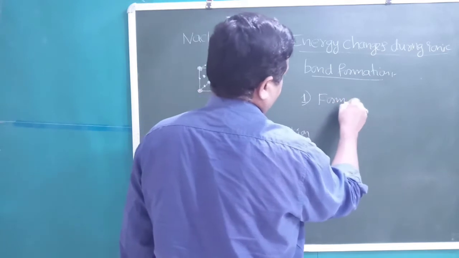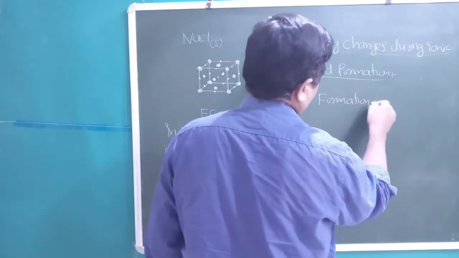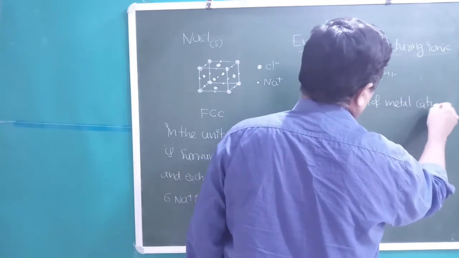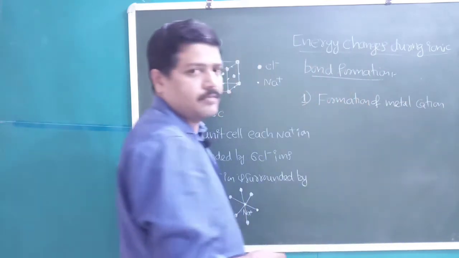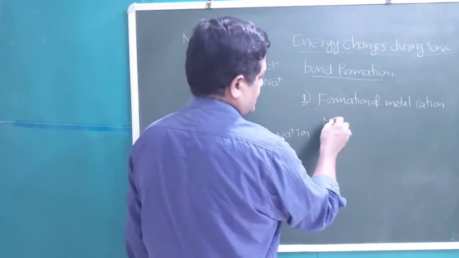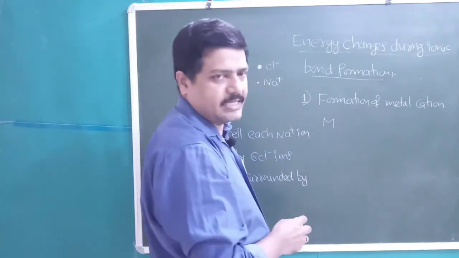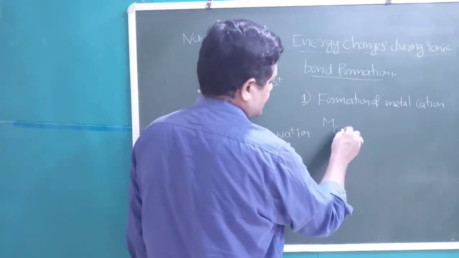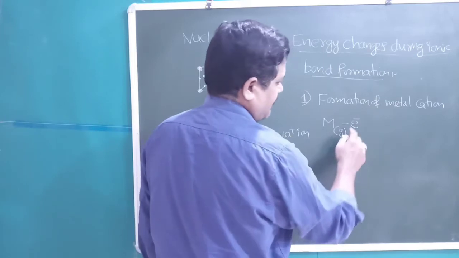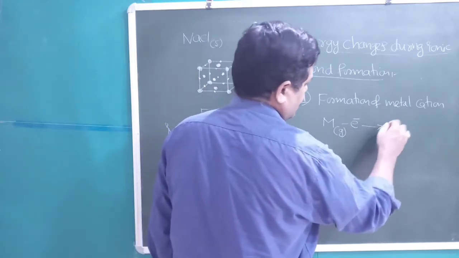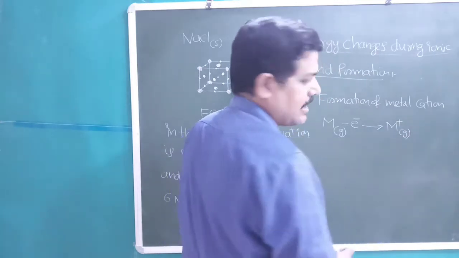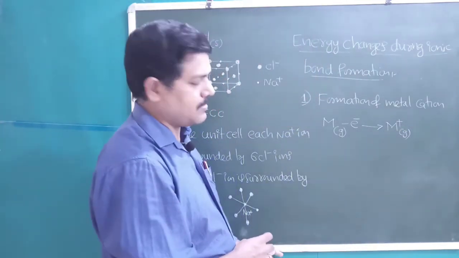First step is formation of metal cation. Let us indicate the symbol of the metal as M. In the gaseous state, it loses one electron, which gives M plus gas. The gaseous metal cation is forming.